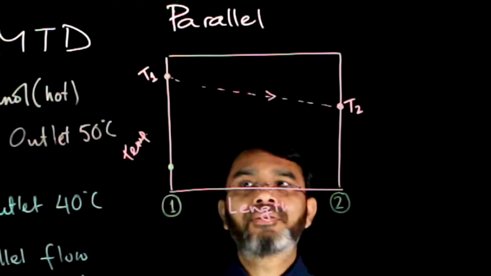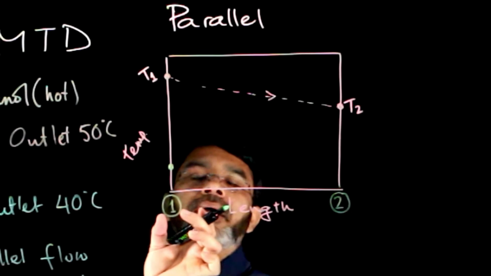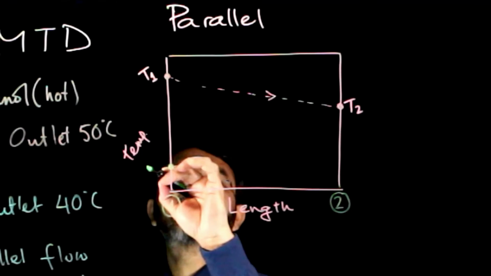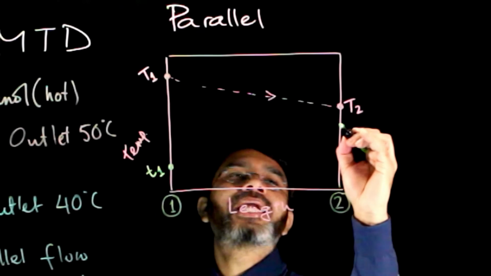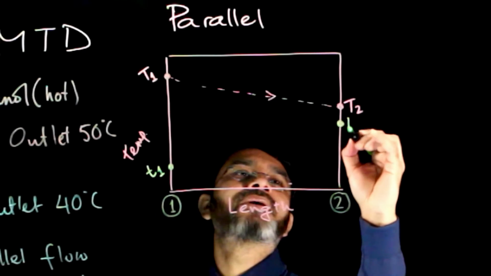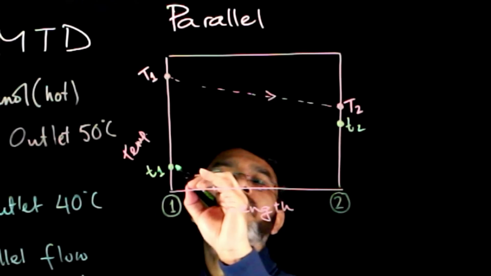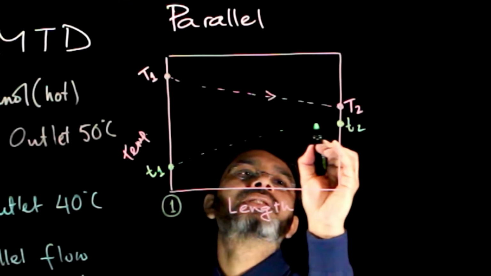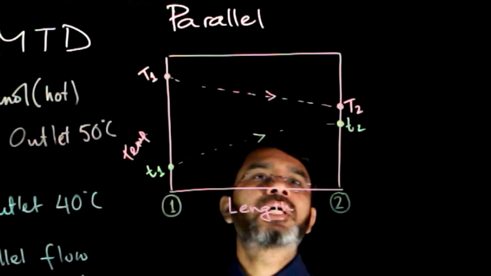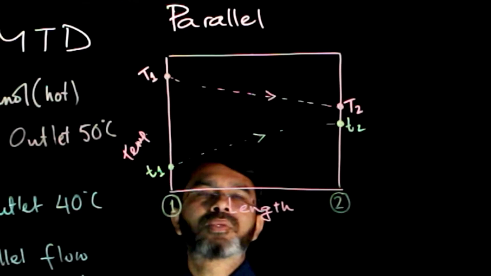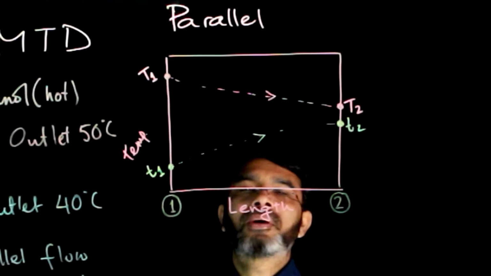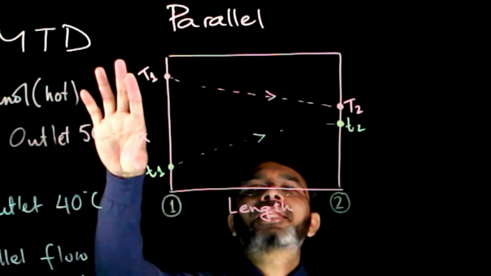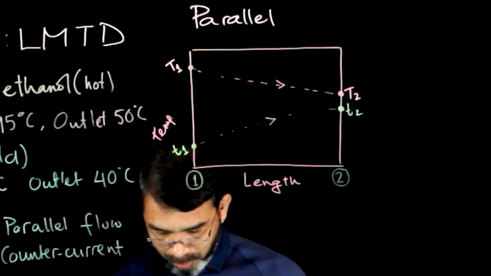So the inlet end for the cold stream is also end 1, and this is our t1. The outlet is at end 2, so this is our t2. We don't know the temperature in between, but just to indicate the direction, we'll assume some profile. However, that's not necessary. Having defined this, we have a 3-step procedure.